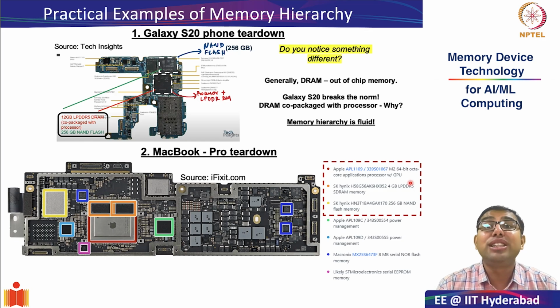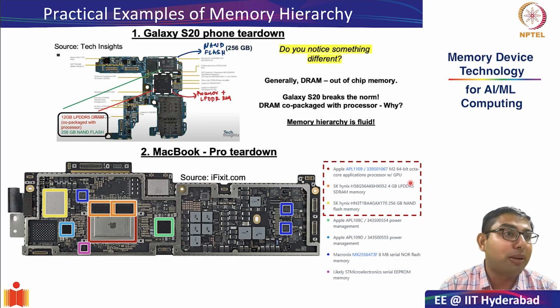Why are vector matrix multiplications very important? For data-driven computing like AI/ML computing, the fundamental operation is vector matrix multiplications. And that is something we will see in detail in the second half of our course.